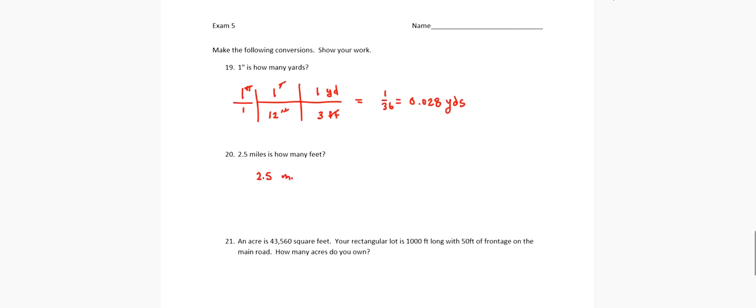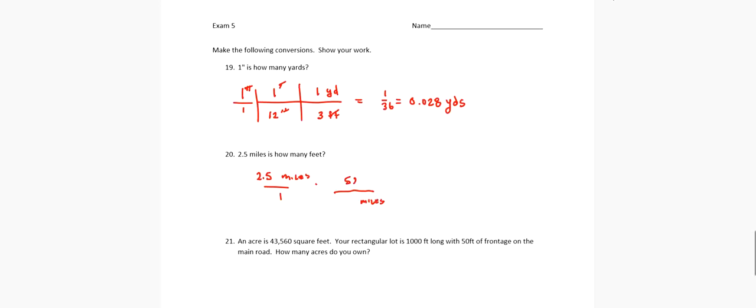2.5 miles is how many feet? Well, we know that there's 5,280 feet per mile. So if miles is in the numerator here, I've got to make sure miles is in the denominator over here.